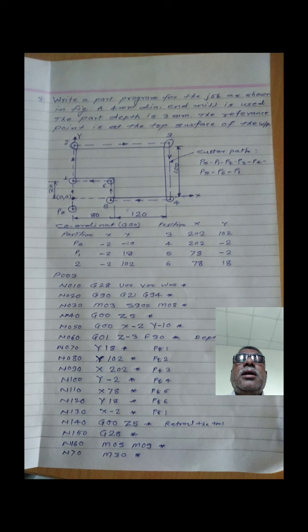After completing the machining operation, you have to retract the tool from the job. You have to lift it with the rapid traverse. That is during block number 140, G00 Z5, end of the block. Means your tool is at the initial position.